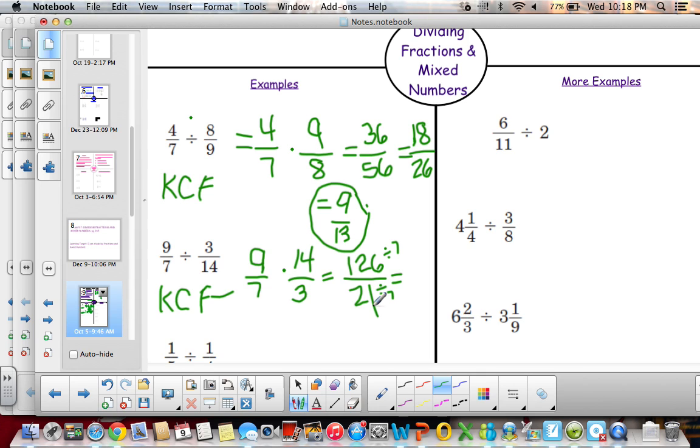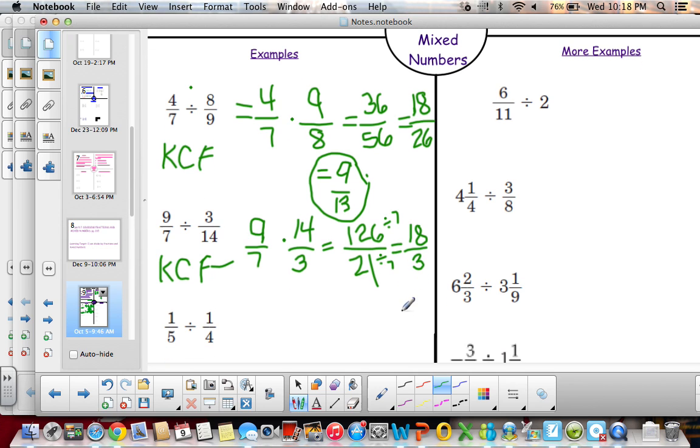So then you can just start using all of those numbers to help you figure out a number that can be divided by both. So 126 divided by 7 is 18. And then 21 divided by 7 is 3. And then I know that 18 divided by 3 equals 6. So our answer then is just going to be 6.